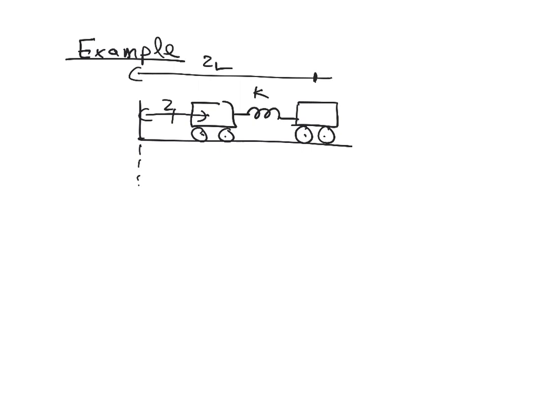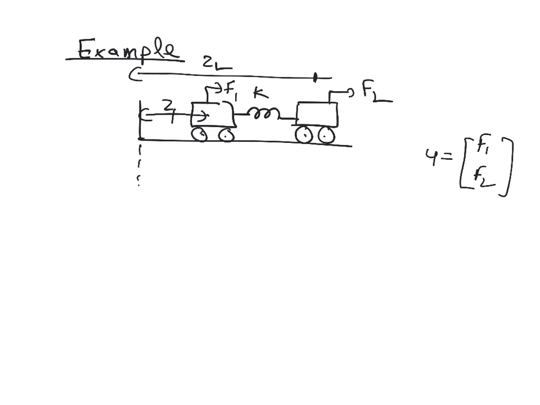Let's say on each cart we can put a force, F1 and F2. So that's the system we have. What are the inputs to the system? Two forces, F1 and F2.